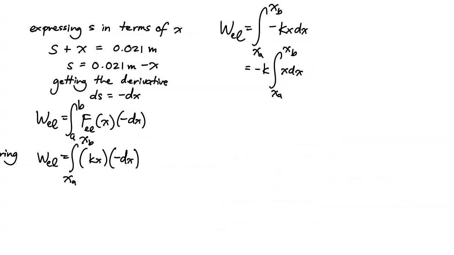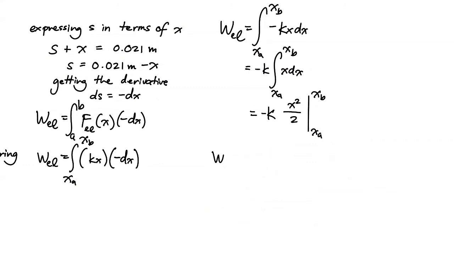So, the integral of x dx, that is simply, ito yung constant natin, the integral is equal to x squared over 2. So, we will evaluate this from the starting value ng x to the end value of x.